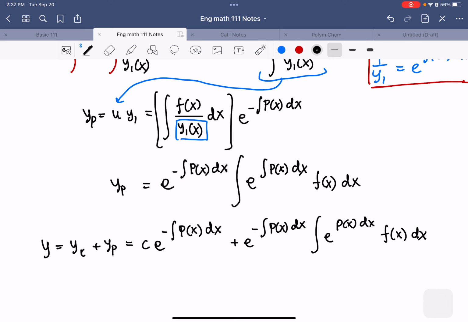Okay, now what do we have here? We have this e with something over here, something over here, and what does it mean in our method? We call this e our integrating factor.